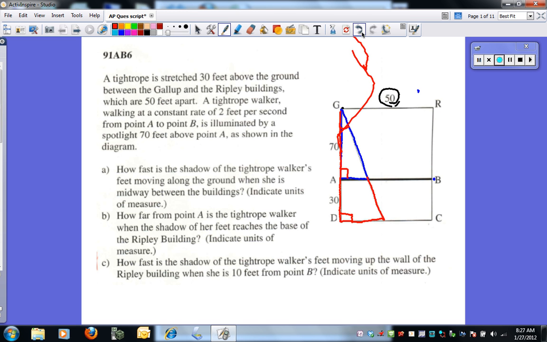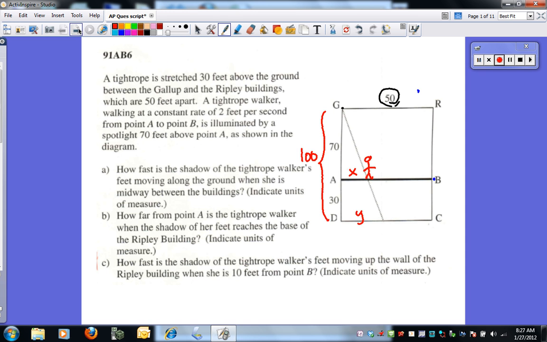What I'm going to do is label the diagram with some letters. I'm going to call this distance from A to the tightrope walker X, and this is Y. We know that this distance is going to be a total of 100. Now you're going to see this diagram blown up a little larger on the next screen, and I'm going to label this again, and then we're going to answer question A.